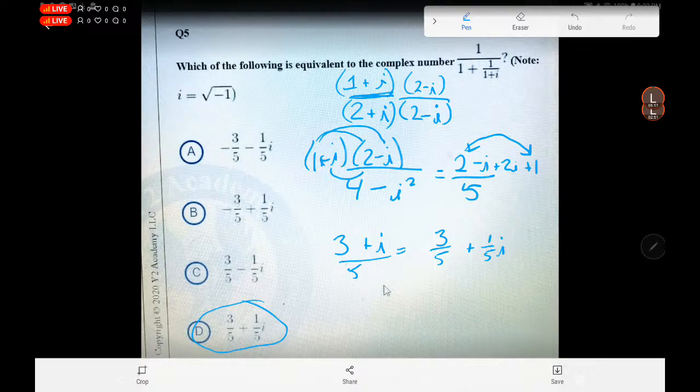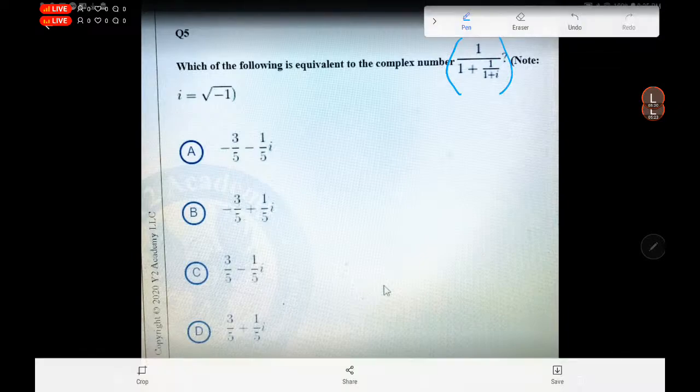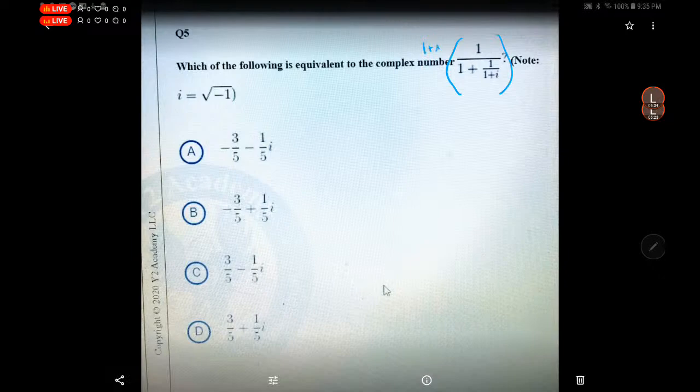Okay, let me show you an alternative. It would work out the same way; it's just a different way of going about it. With our fraction from the beginning, we could have just multiplied numerator and denominator by 1 plus i, which would get rid of that fraction in the denominator entirely.